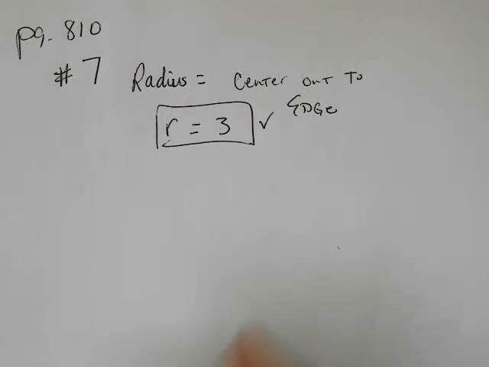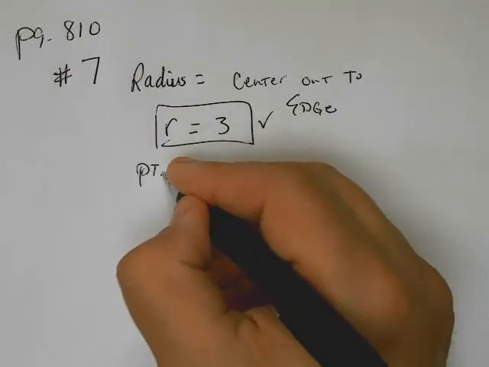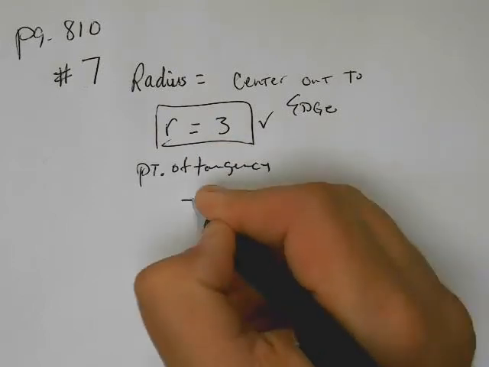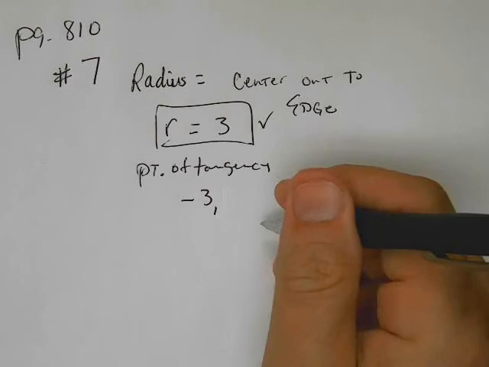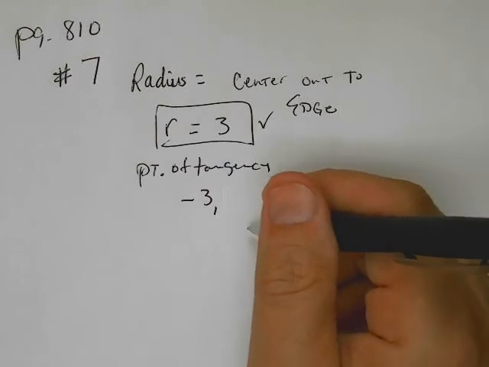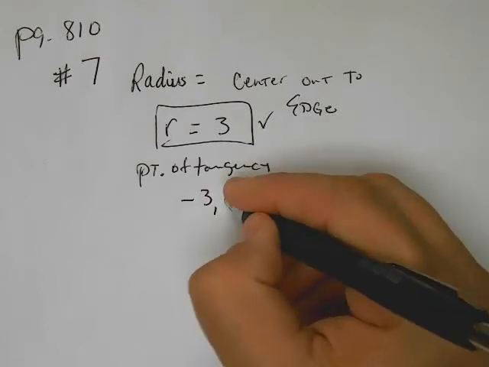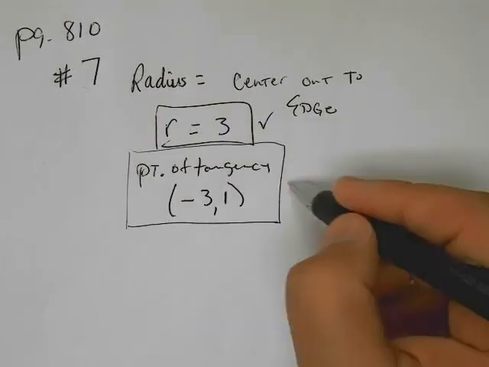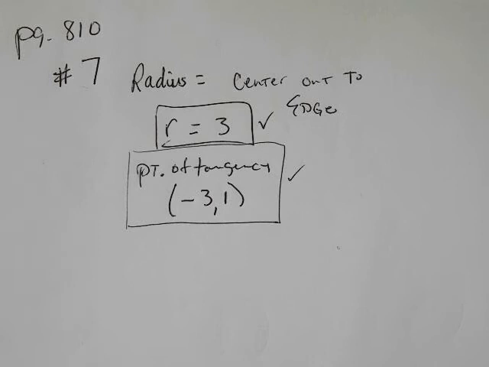Radius is 3. Look carefully. Find the point of tangency. Looks to me that it's at what, -3? Is that positive 1? The coordinate? Yeah. -3, positive 1. That is the point of tangency. That's the second thing they wanted us to find.